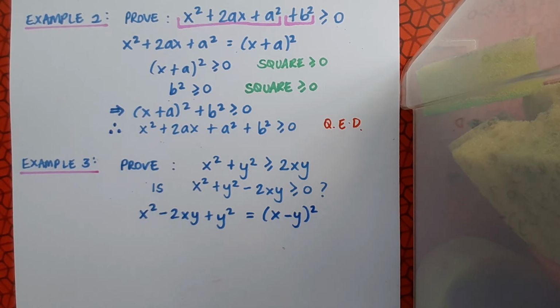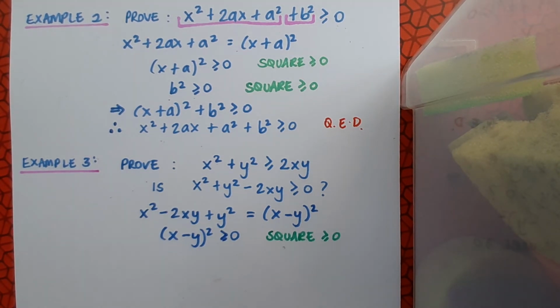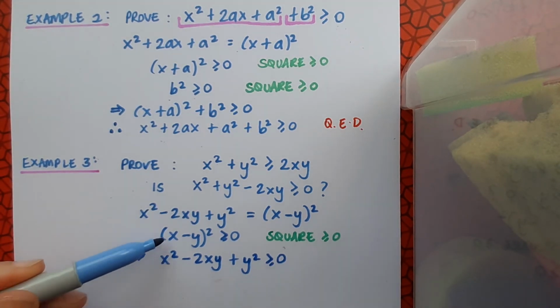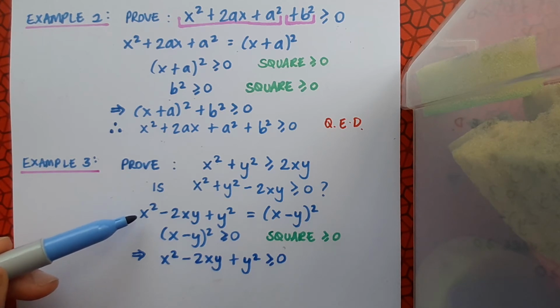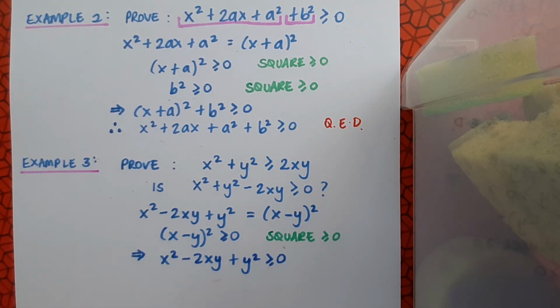Okay, so now I know that (x minus y) squared is definitely bigger than or equal to 0, and I can give my reason for that. And of course, if that's true, it implies that x squared minus 2xy plus y squared is greater than or equal to 0, because these two things are equivalent, like I've just stated in the previous line. And then I can just rearrange this to make it look like the line that I was trying to prove. And QED at the end.